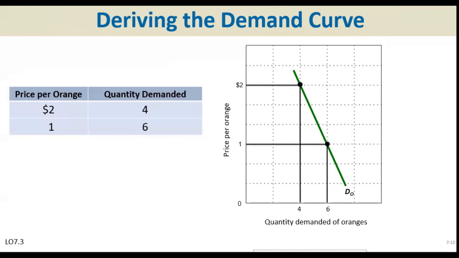Okay, so we can look at this concept over here, which is deriving the demand curve. At the price of 2, the consumer represented in this data, the quantity demanded is 4 oranges, right? So the consumer is stable at that level. But if the price declines from 2 to 1, that would disrupt the market, right?